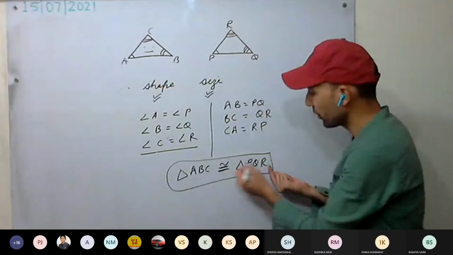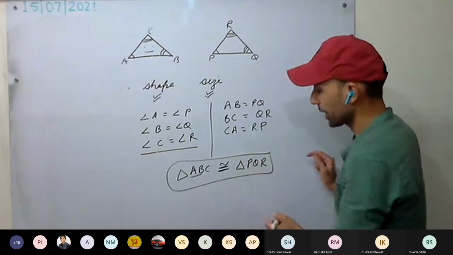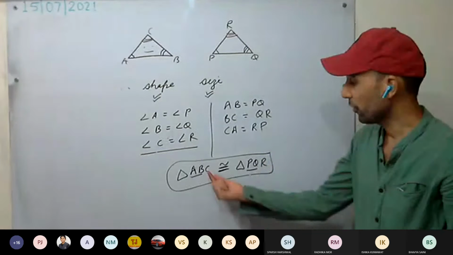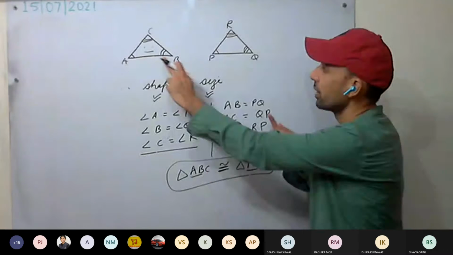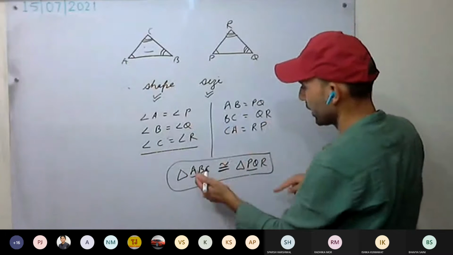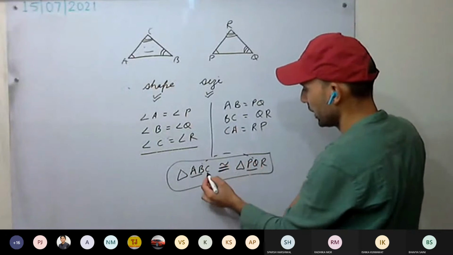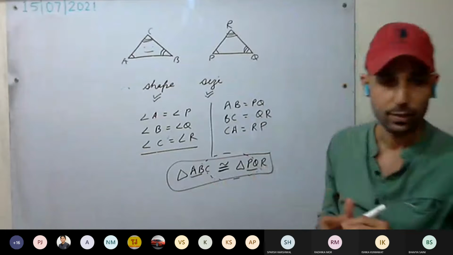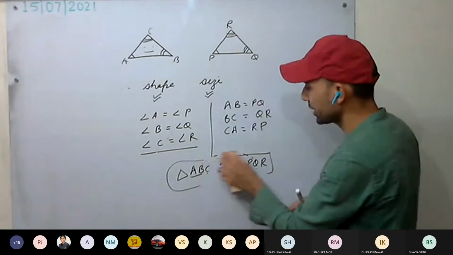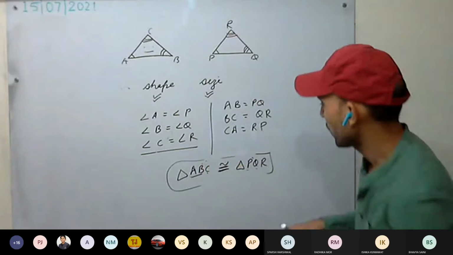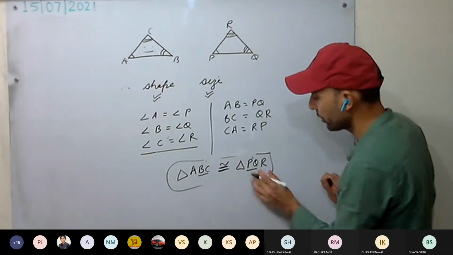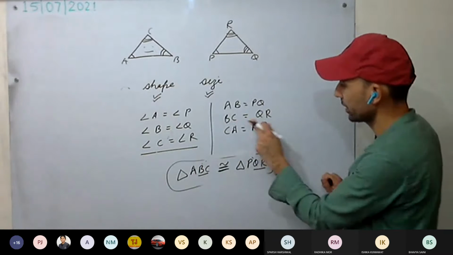So you can get the AB side if you take AB equals PQ, if you follow the convention that we write the equal angles first: A corresponding to P, B corresponding to Q, C corresponding to R. From this you can easily figure out that the AB side equals PQ, the BC side equals QR.